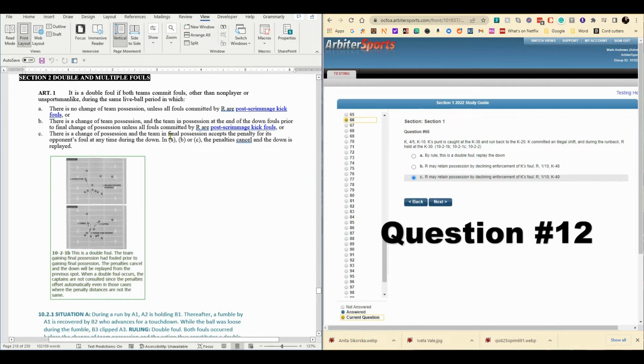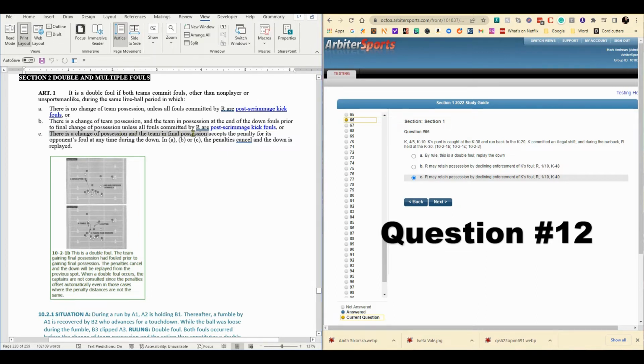But 10.2.2 deals with double and multiple fouls, and it says it's a double foul if both teams commit fouls other than non-player or unsportsmanlike during the same live ball period in which, and then there's several situations. C applies here. There is a change of possession. We have that, right? The kick is a change of possession.